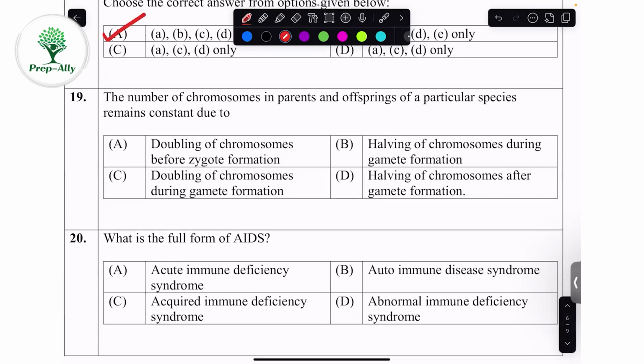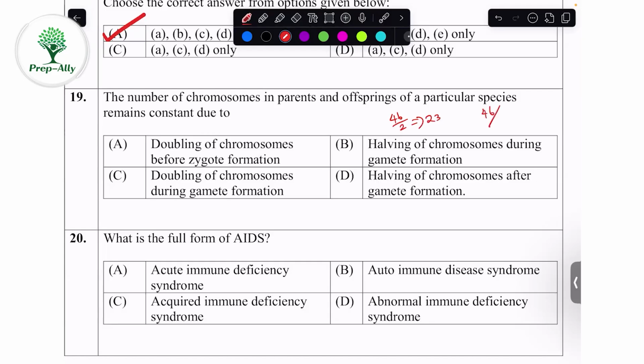19th question. The number of chromosomes in parents and offspring of a particular species remains constant due to. We have to see the parents. In sex determination, the 46 chromosomes present in the male are reduced by half into 23 chromosomes.